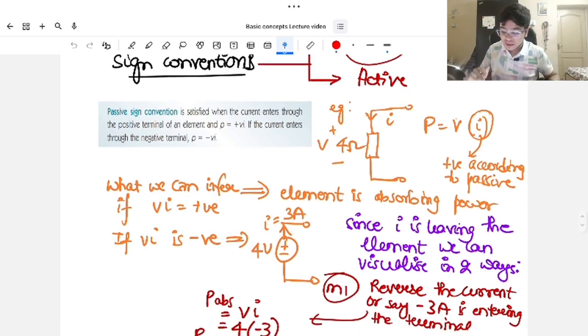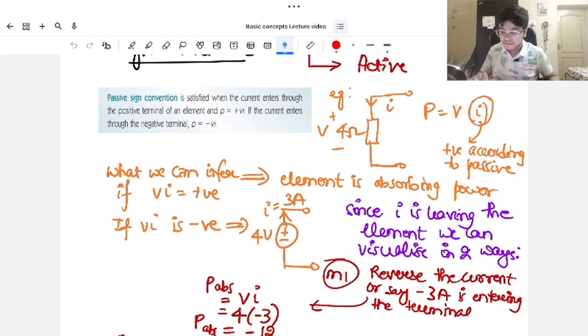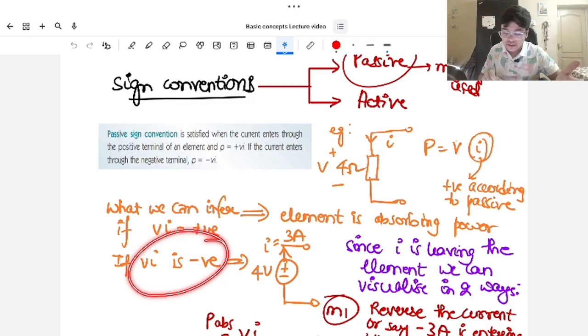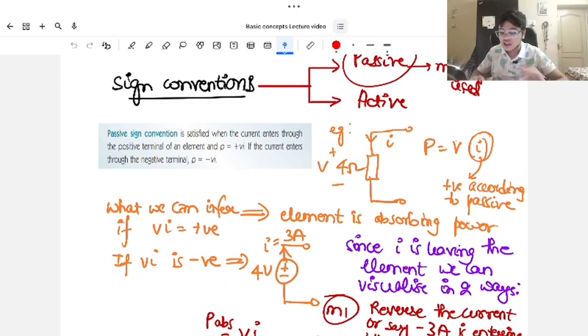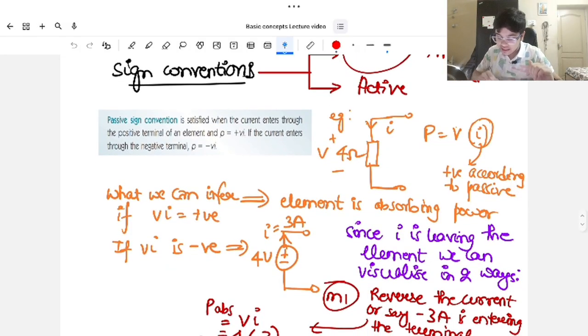So for example, let's consider this example. If VI is positive, then power is absorbed. If VI is negative, power is supplied. I'll show you through this example.